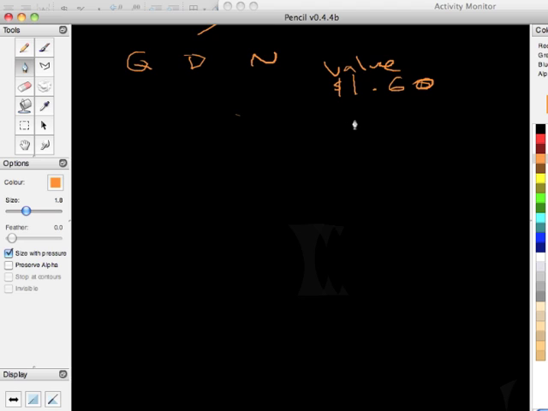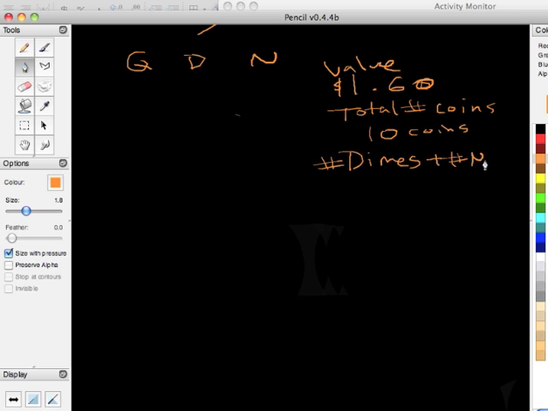We have a total number of coins. Let's say someone tells us that we have 10 coins, and that the number of dimes plus the number of nickels is equal to the number of quarters.